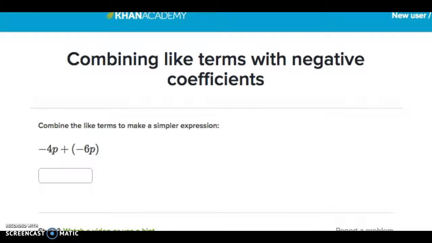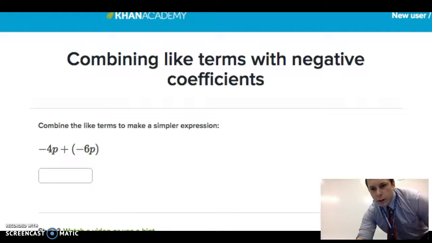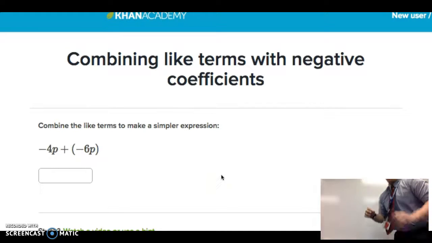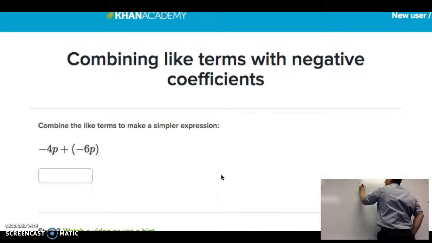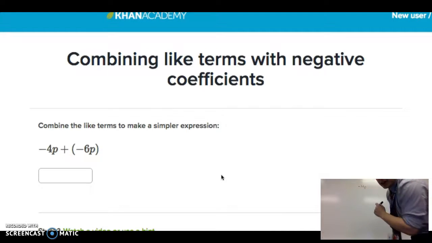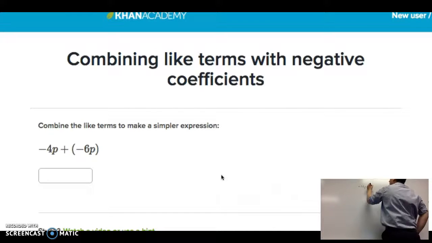All right, so I'm trying something a little new here. I'm going to work through some problems with you. So negative 4p plus negative 6p. I'm adding together the negative 4p plus the negative 6p.